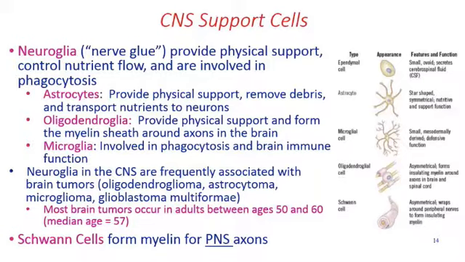The astrocytes are sort of star-shaped in nature, and they provide physical support. They wrap around a lot of neurons to kind of give them some support. They also remove debris. They're very metabolically active, and they also transport nutrients to neurons.